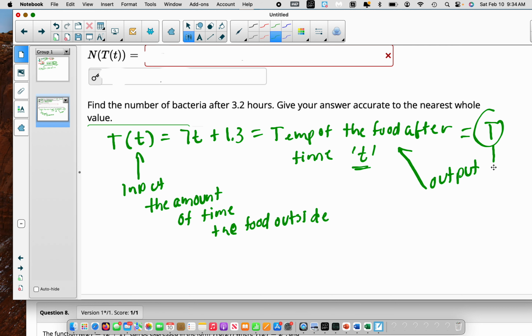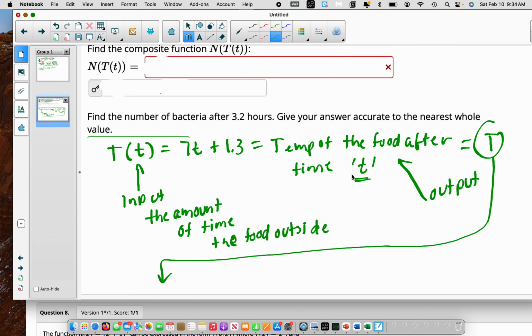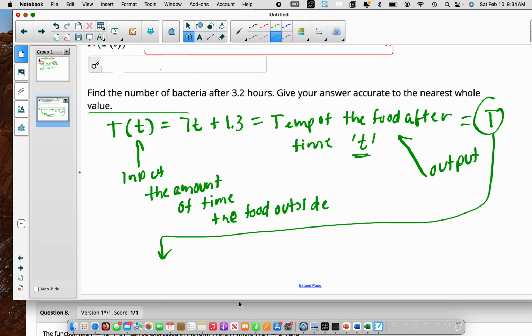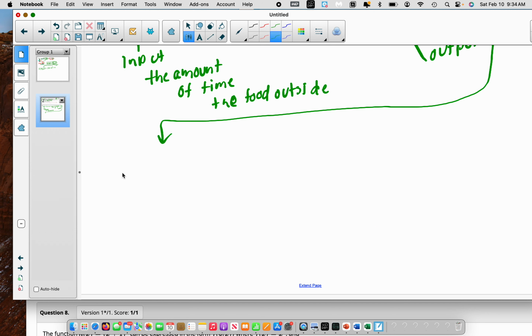I then take the temperature of the food, and that becomes my input to how much bacteria exists. So I have N, the number of bacteria, as a function of the temperature of the food, okay?